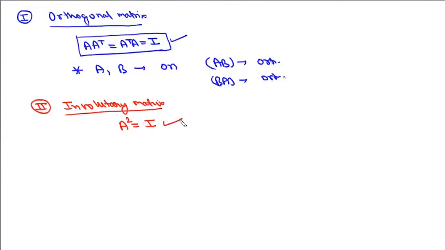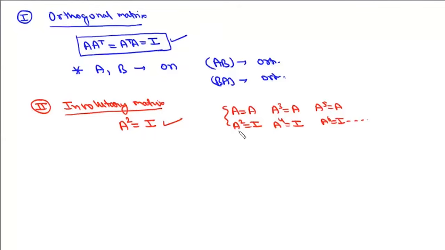Now if the matrix is involutory, then basically A square is I. Now if we multiply A square with A, then A cube will be A. If we multiply it with A again, it will be A square, which again is I. A to the power 5 is A, A to the power 6 is I. So this series will continue like that.